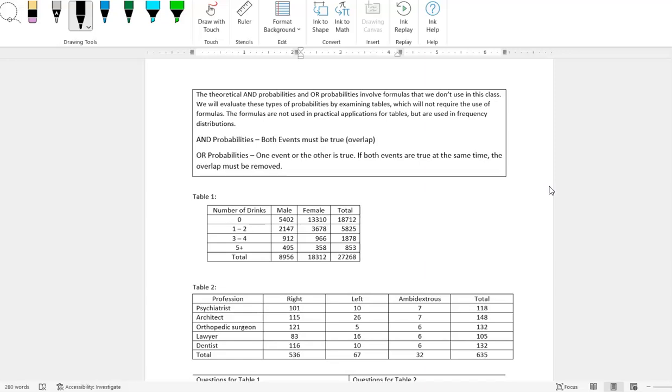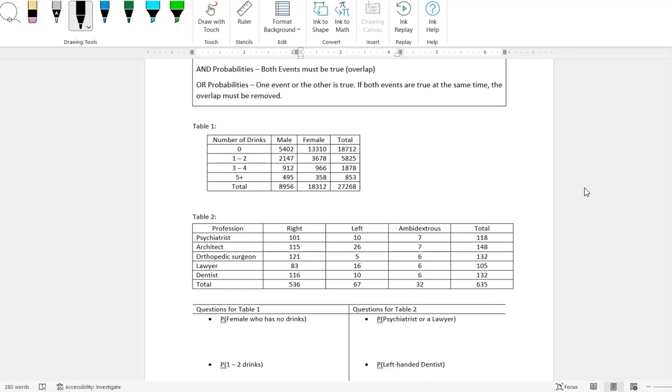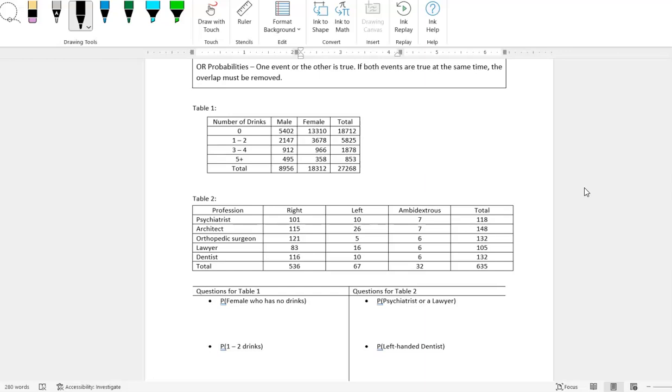So an and probability is an idea that both events have to be true at the same time, or that there is that overlap when we talk about a Venn diagram. The or probabilities are when one event or the other is true. They can both be true at the same time, and if they're both true at the same time, then we have to remove the overlap if one exists. They can also be what we call mutually exclusive, which is what we talked about in our Venn diagrams.